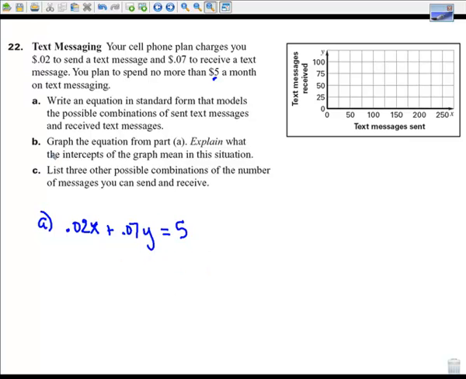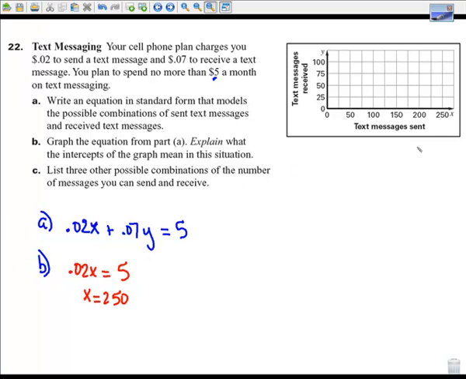Part B, they want us to graph this. I think honestly it's easiest to graph when they're in standard form. I think it's easiest if you find the x and the y intercept. So that's what I'm going to do. Recall to find the x-intercept, you just set y equal to 0. Oops, I don't mean to put an addition sign there. I meant to put an equal sign. So when I divide 5 by 2 cents, I get 250.